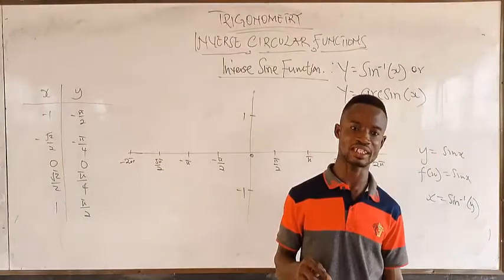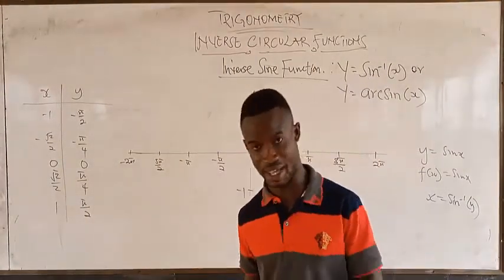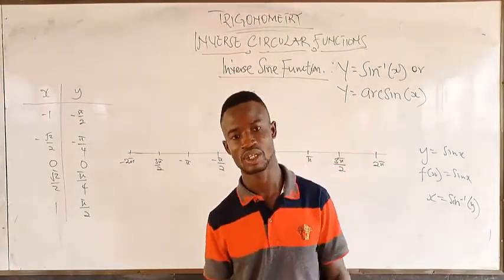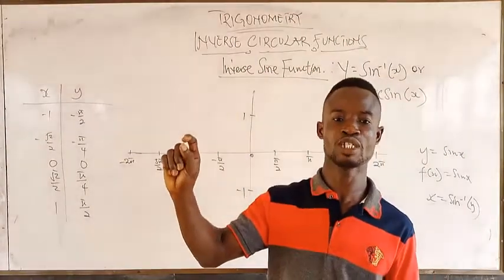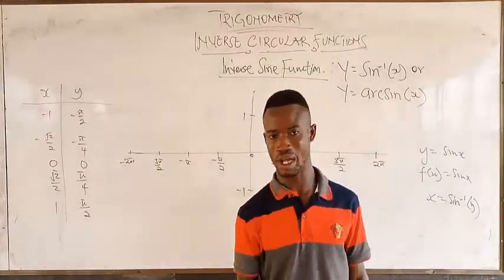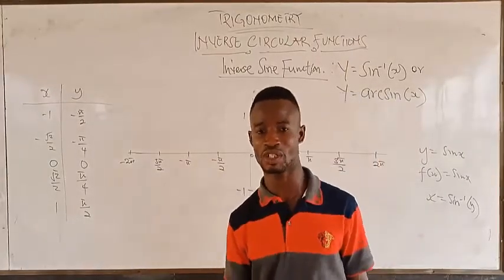So for a function to have an inverse, one, the function must be one-to-one. This criterion is very, very important.